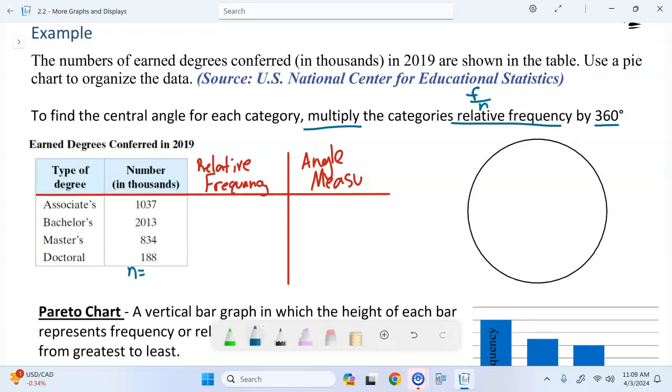We just need to add up all the numbers. Okay. So our relative frequency for the associate's degree, start at 1,034, divided by 4,072. What do we get?